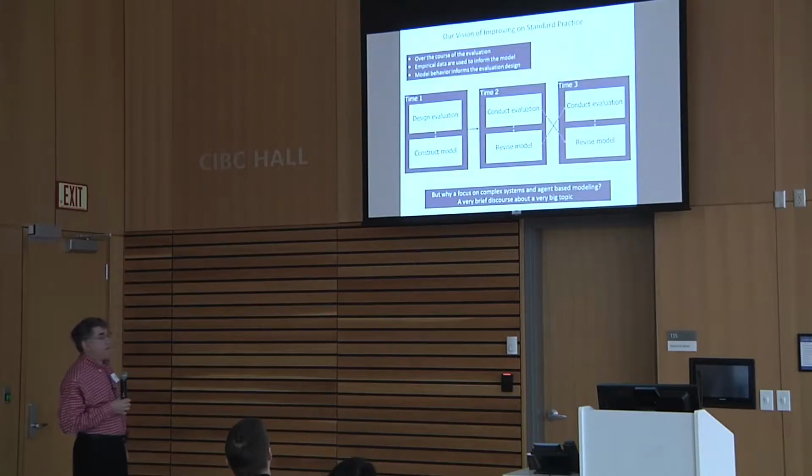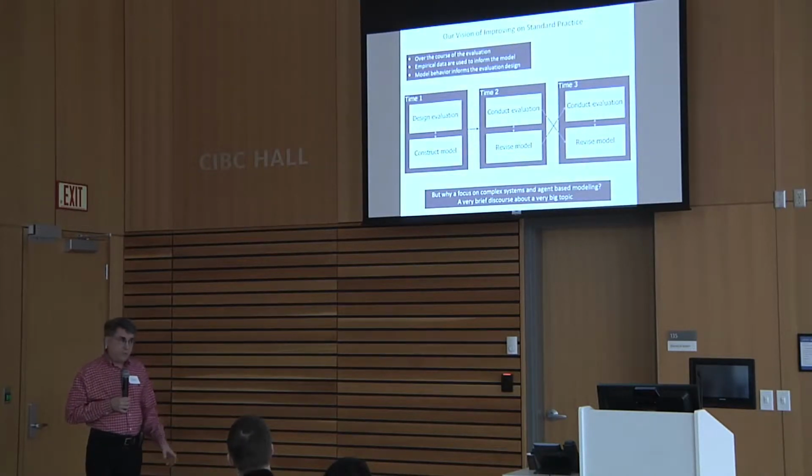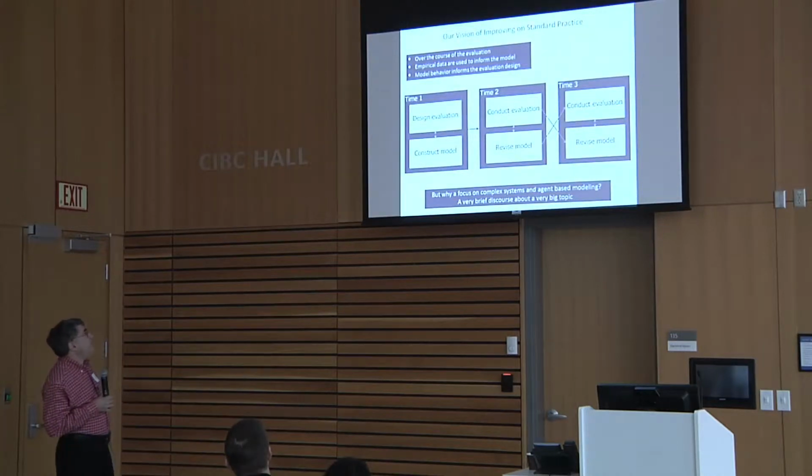At time one, you design an evaluation and you construct a model. And when I say a model, I don't mean the traditional logic model of the kind I showed you when I began. What I mean is an honest-to-goodness executable program model you can put into a computer, push the button, and it goes. So the theory is that you design the evaluation and you construct the model at the same time.